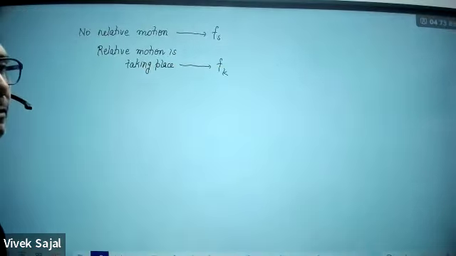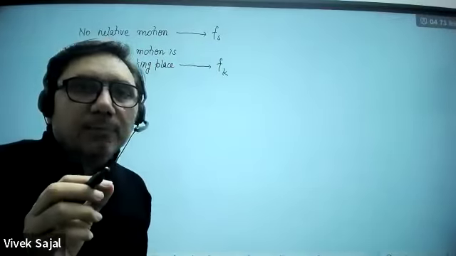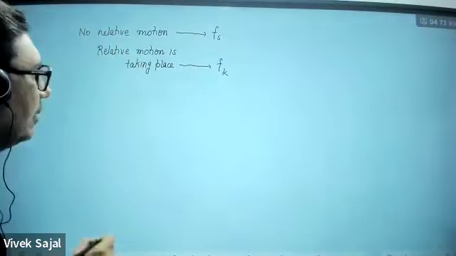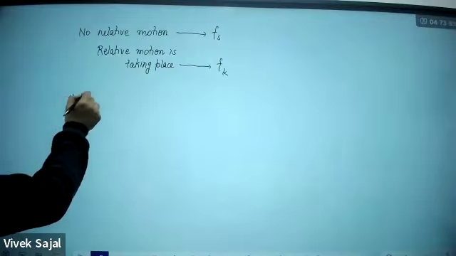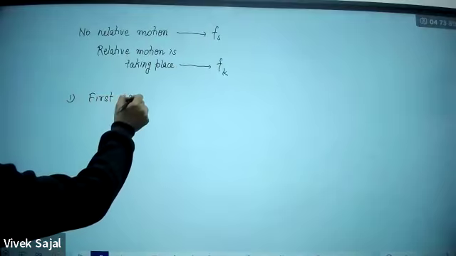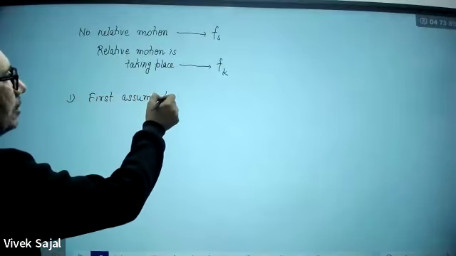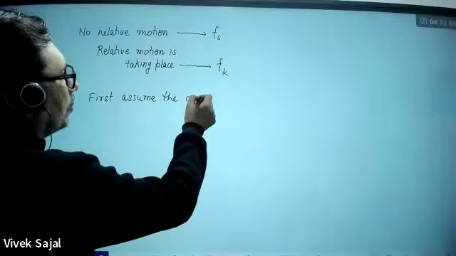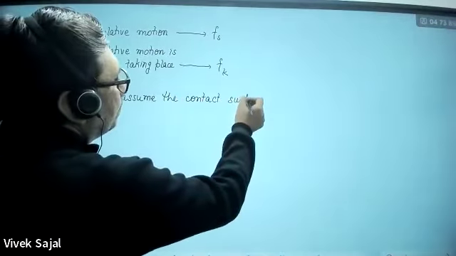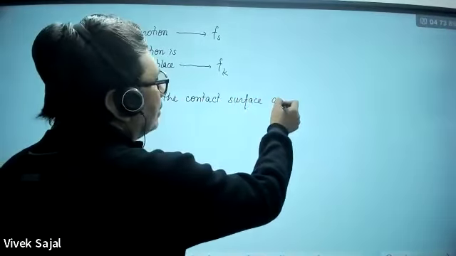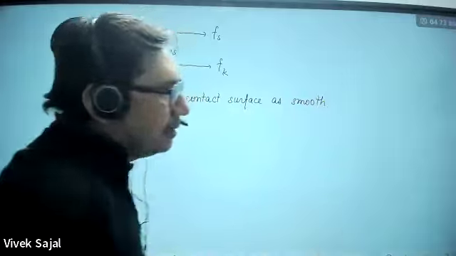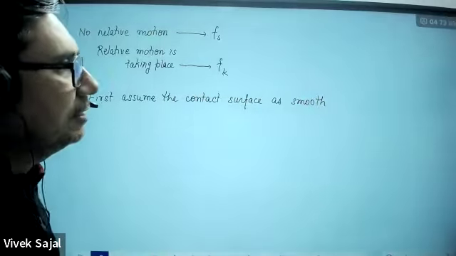So whenever you want to draw the direction of the friction force, what you have to think? First, assume the contact surface as smooth. Whenever you want to draw the direction, the simplest rule is to consider that contact surface as a smooth surface.